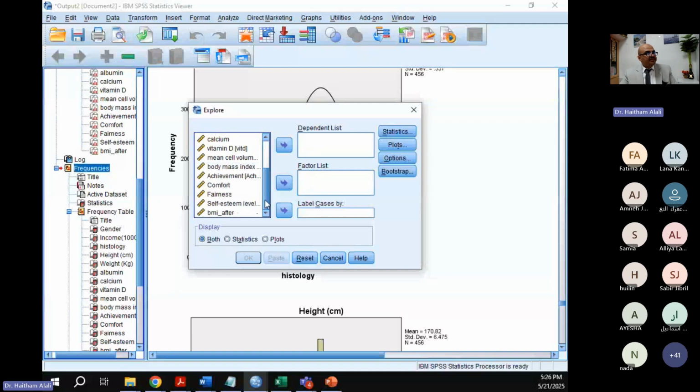Here is the test, as you see. We can check gender, income, whatever you want. Maybe you test all the variables, but I intend to check the normality for the demographic variables mainly at the first stage at least. So select the variable that you want to check and go to Statistics.